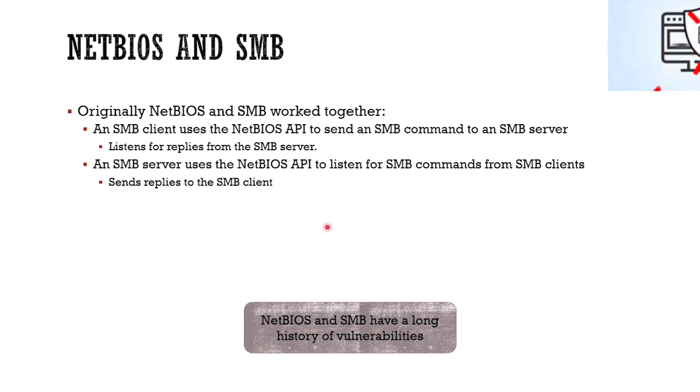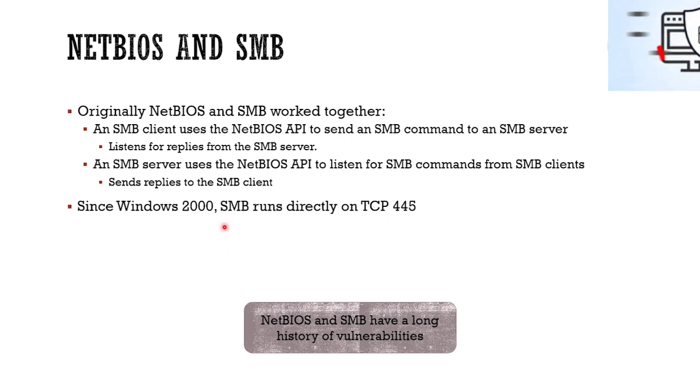SMB now runs directly on TCP 445. Why am I telling you all this historical stuff? Because you can still use NetBIOS-based tools to enumerate. It's so cool. NetBIOS still exists for backward compatibility.